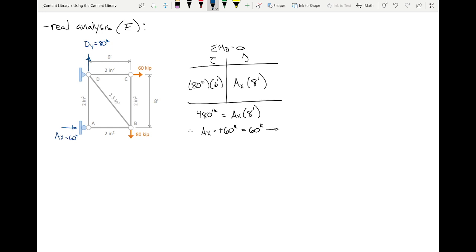Oh, hold on. 120. Because I got 60, 60, because they're both going in the same direction. That's 120, right? Do y'all see that? So that means that this goes like that.